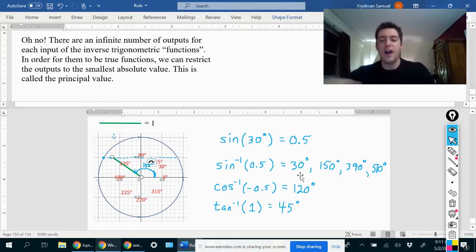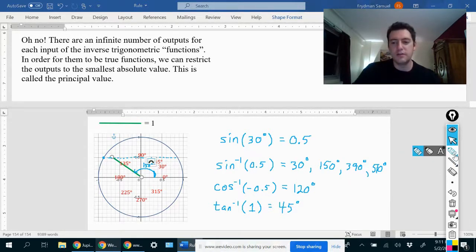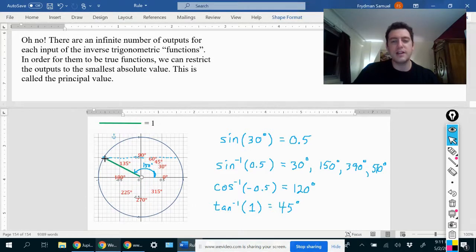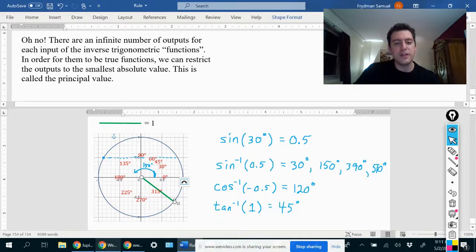In fact, I didn't have to go up this way. I could have started here and gone backwards this way. Clockwise, by the way, is like backwards. Clockwise, these angles would be defined to be negative.